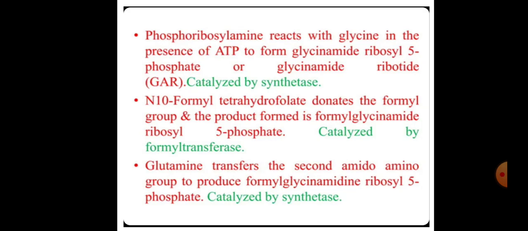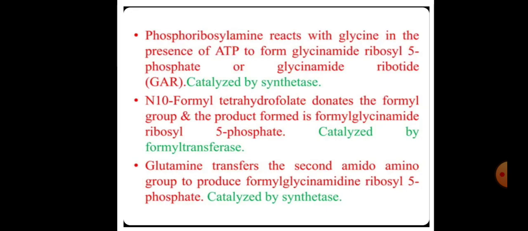Then in the next step, phosphoribosyl amine reacts with glycine in the presence of ATP to form glycine amide ribosyl 5-phosphate, or glycinamide ribotide GAR. It is catalyzed by the enzyme synthetase.